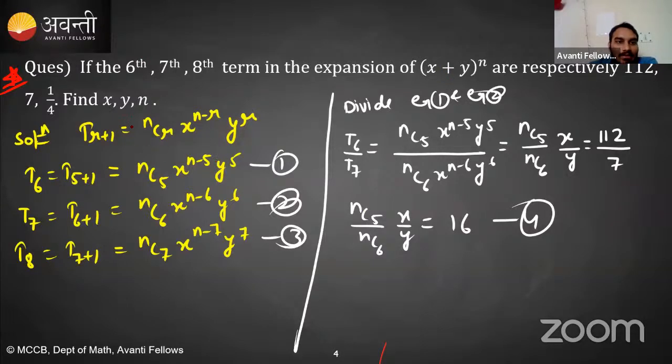So I said that you can first write down the general term T(r+1) equal to nCr x^(n-r) y^r, right? Then I said write down the 6th, 7th, and 8th terms according to this expression. So T6 can be written as T(5+1), which is equal to nC5 x^(n-5) y^5. Clear?